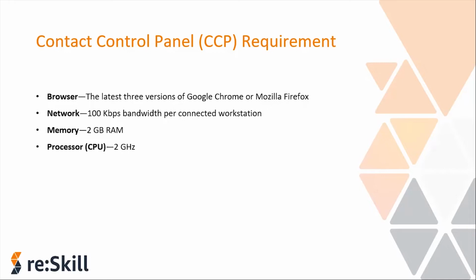CCP is built to handle high levels of jitter and high latency environments, but the architecture of the workstation the agent uses, and the location and environment in which they contact, can impact the quality of experience.